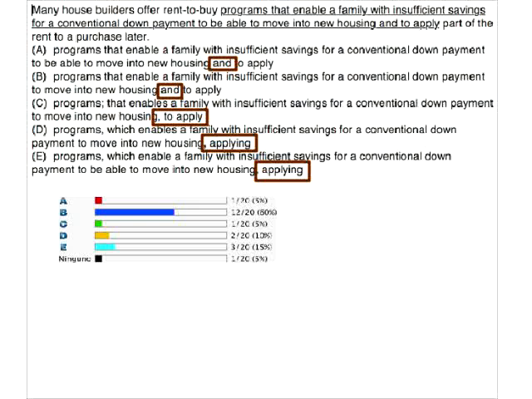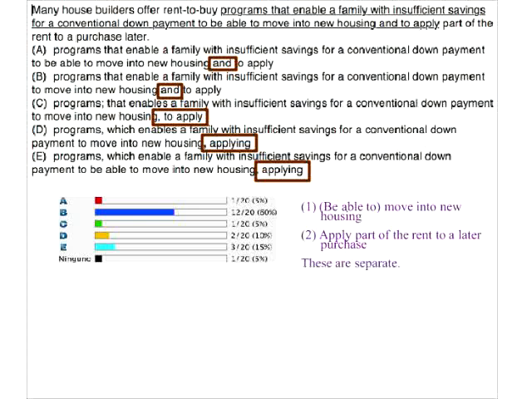It depends on which choice you pick. And then the other idea is to apply part of the rent to a later purchase. So these are separate. You can't reasonably claim that one of these is dependent on the other one. Because one of them is they can move in right away, and the other one is, after they've been there for a while and paying rent.